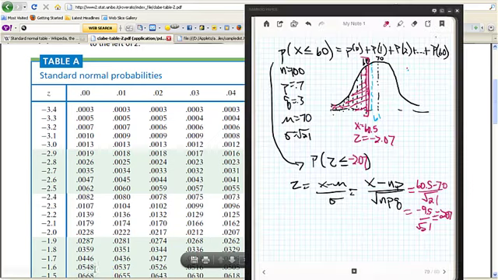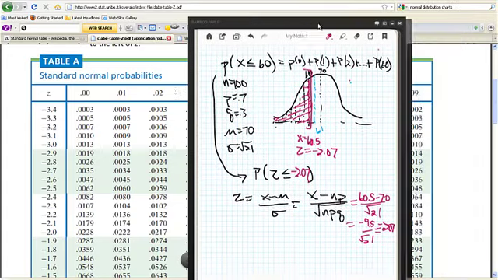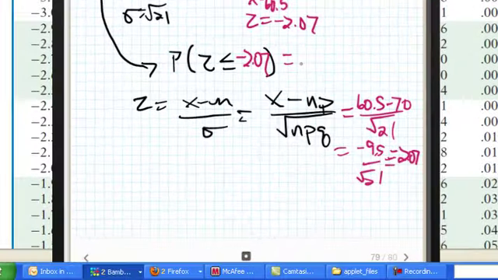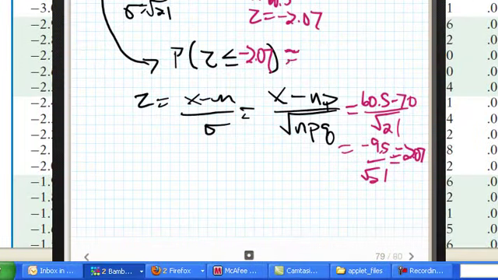Hey, look at that. The probability of getting less than or equal to 60 cars out of the 100 is approximately equal, because remember this is an approximation, to 0.0192. So on average, you can expect about 192 out of 10,000 of those cars to order less than or equal to 60 Big Macs.